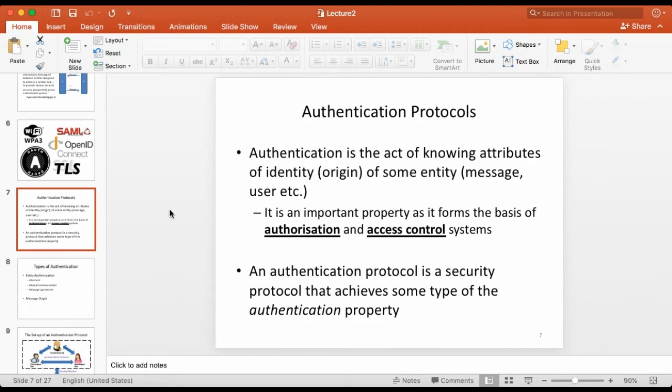So we said that a protocol was a sequence of messages, and then we said that a security protocol is a sequence of messages that attempts to achieve or establish a particular security property. But remember that we also said last time that security is a very wide or general concept, and therefore it is appropriate that we break this down in terms of the simpler concepts or properties underlying it.